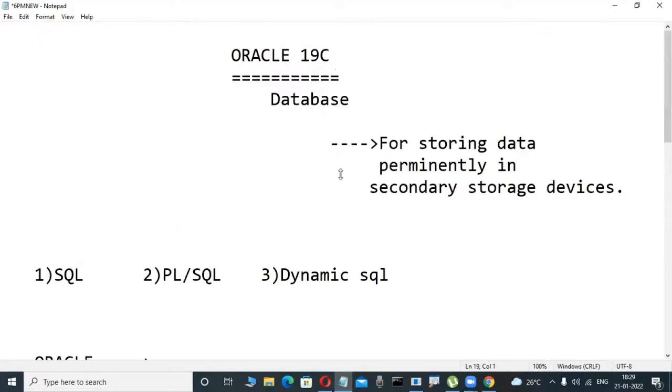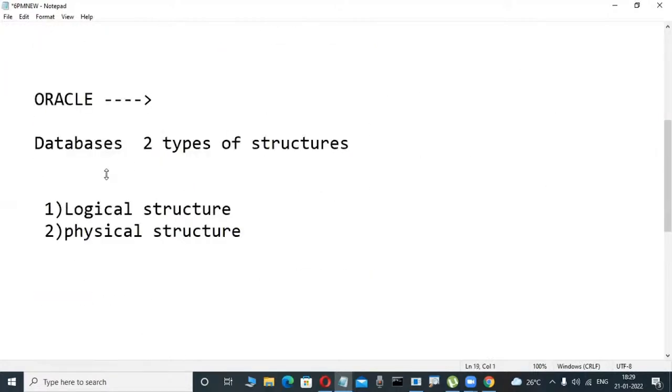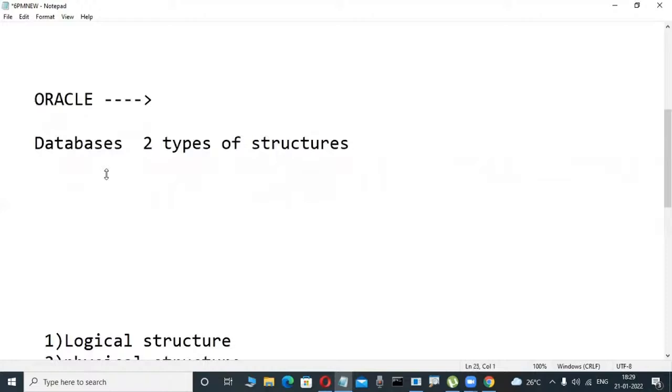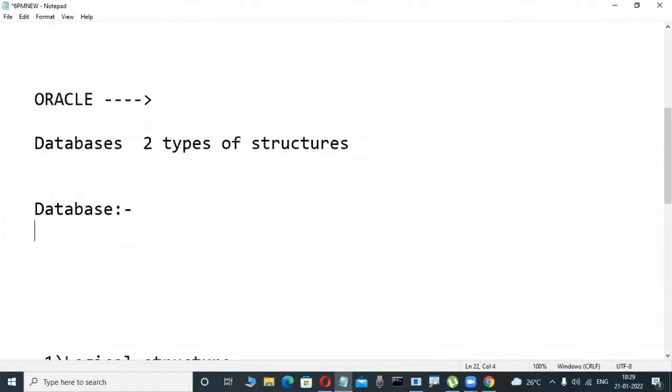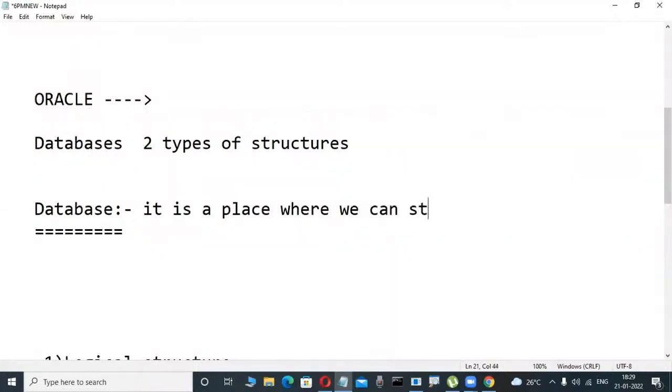Before we tell what the logical and physical structures are in every database software, just the database definition in books. So many fellows are writing like this. What does database mean? When you observe it in Google or in books, it is a place in a computer system where we can store a structured collection of data.